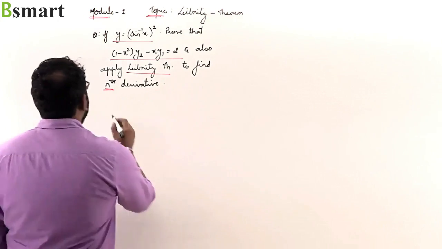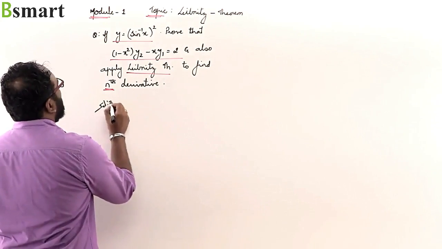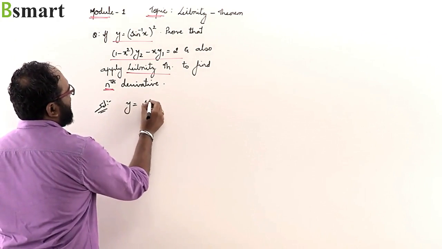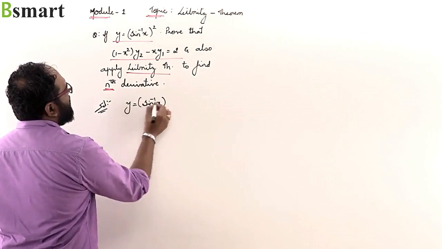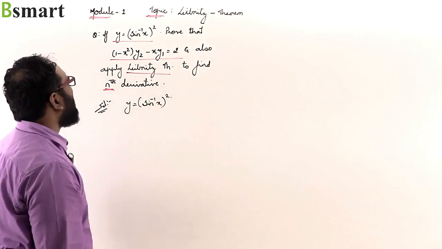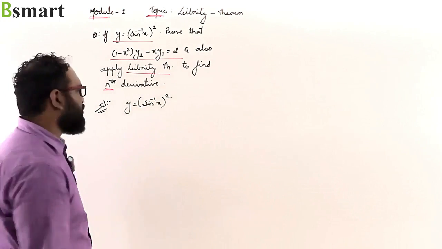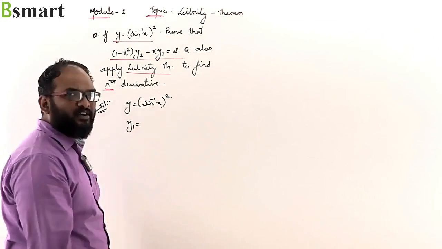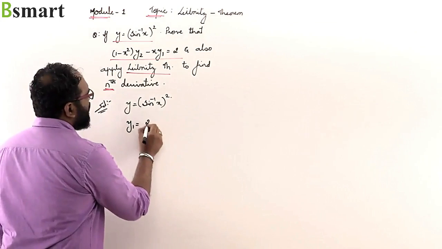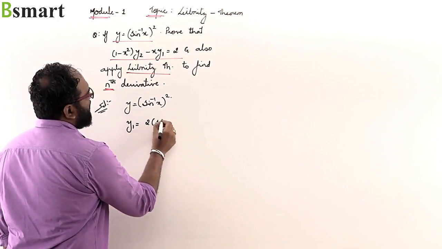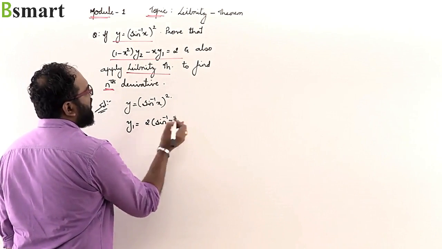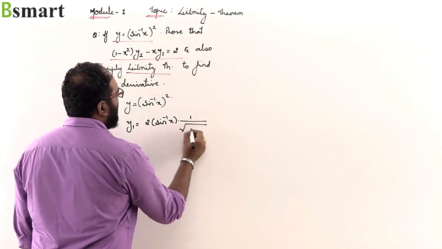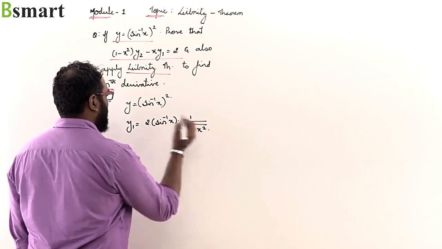Now, given y is equal to sine inverse of x whole square. Now let us find out the value of y1 and y2. So the derivative of sine inverse x whole square is 2 into sine inverse x into the derivative of sine inverse x, 1 by root over 1 minus x square.